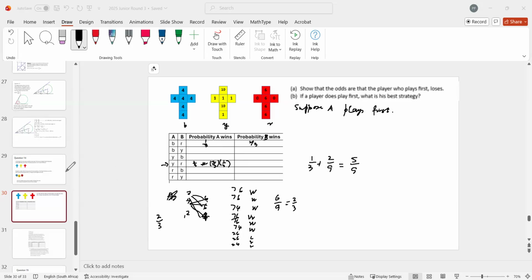Okay, so if you work out all these probabilities, this is what you get. This is 1/3. Let's write this thing clearly. This is 1/3. This is 2/3.